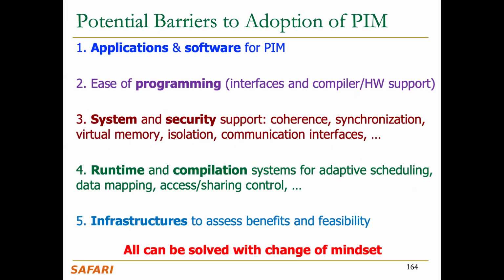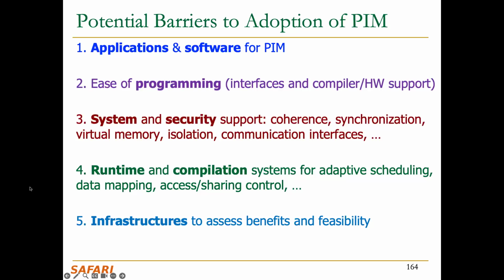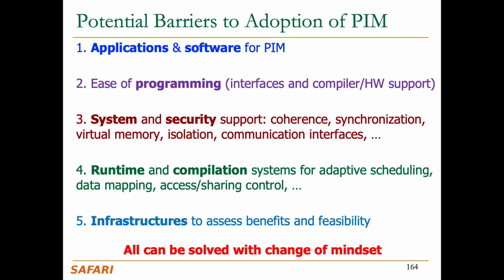If you think about the way we design computers today, essentially every single important design decision that we make assumes there's a central processor. We have to break that if you really want to change the paradigm. It's not easy. It will take time, but research is the right place to do it. I think this is where I will probably conclude since we don't have a lot of time. I'm happy to take any questions.